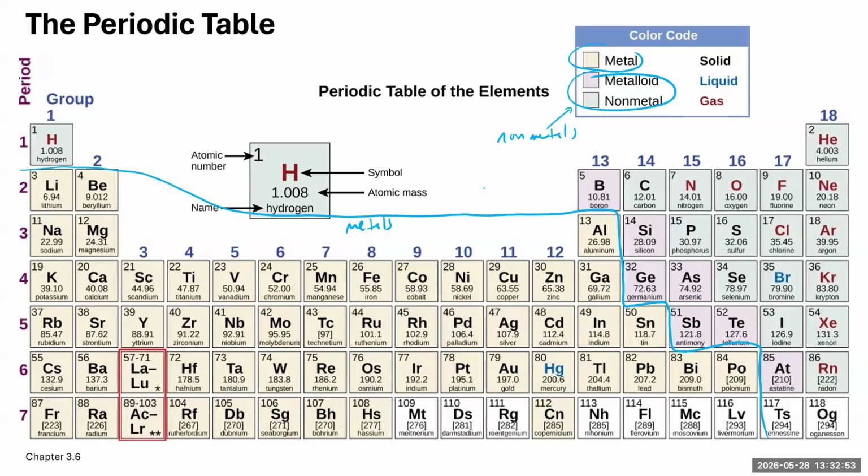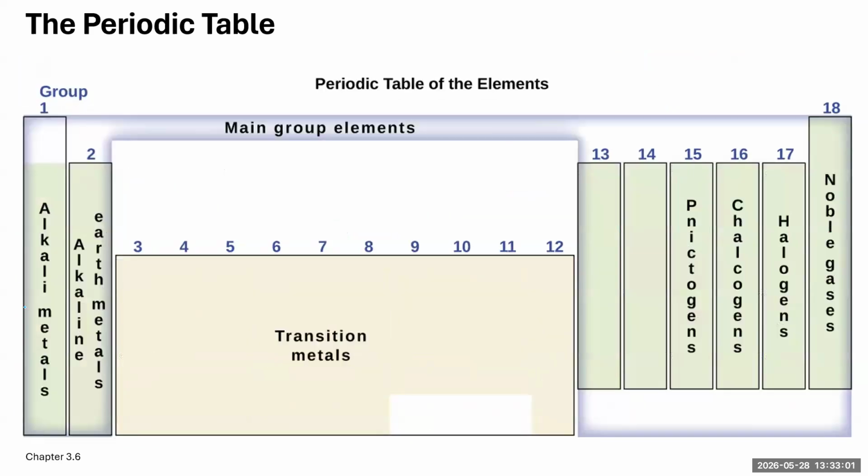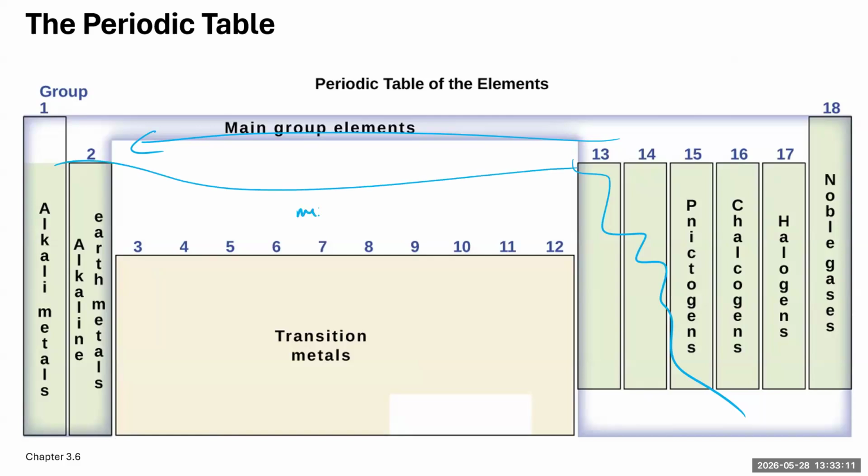Everything else is non-metals. That's how we're going to separate things. It's kind of to the left side here, and this kind of zigzags over. I'm repeating stuff because it's important and it's easy to miss things.